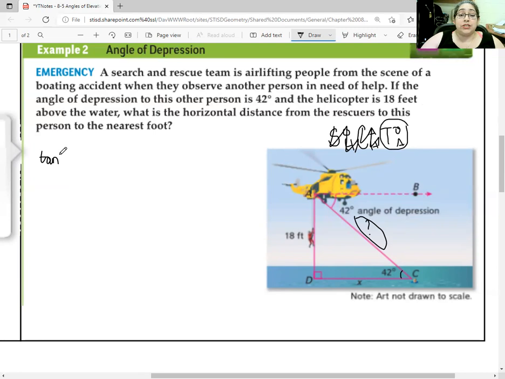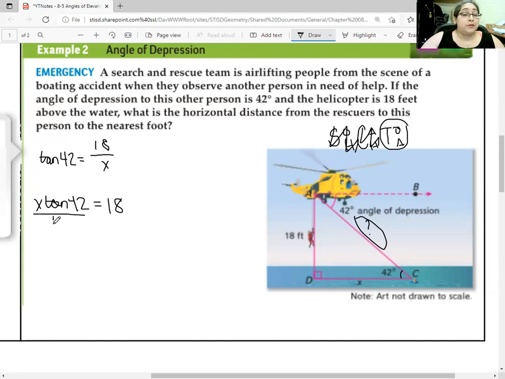That is the tangent of my angle of depression, which is 42 degrees, is equal to the measure of the side opposite the angle of 42, which is 18 feet, over the side adjacent to the angle 42, and that's what we're trying to calculate, x. Multiplying both sides by x gives me x times the tangent of 42 equals 18.